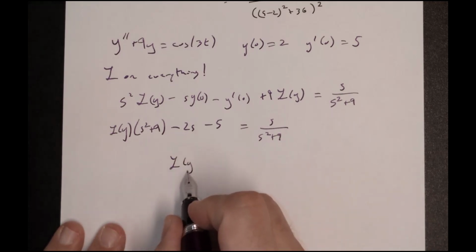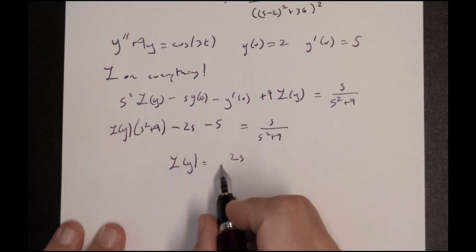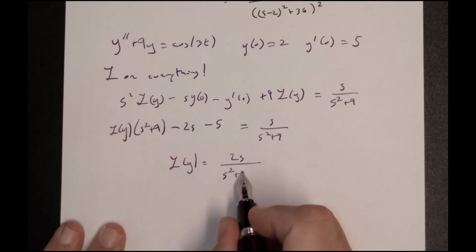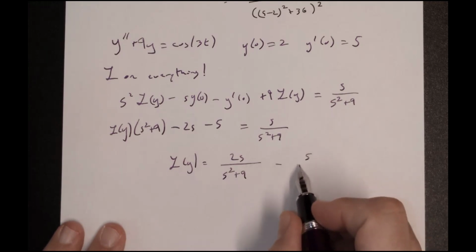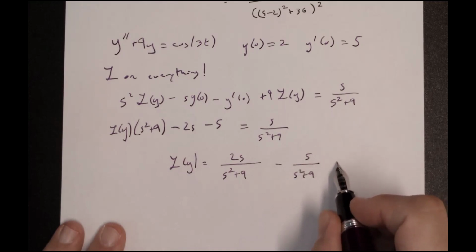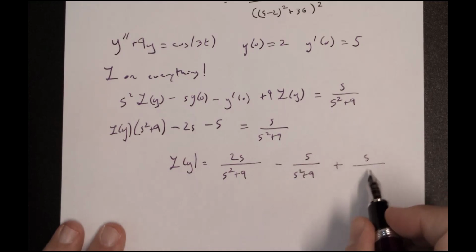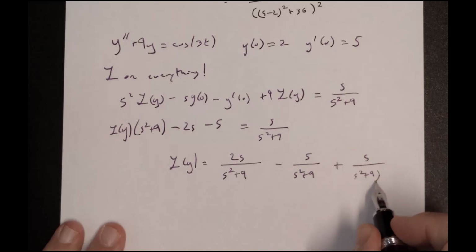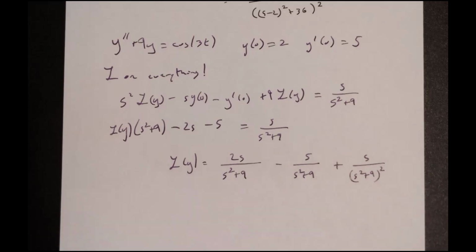So I get the Laplace transform of y is 2s over s squared plus 9 minus 5 over s squared plus 9 plus s over (s squared plus 9) quantity squared. And this part right here makes me go, wait a second. Just a second here, boys.